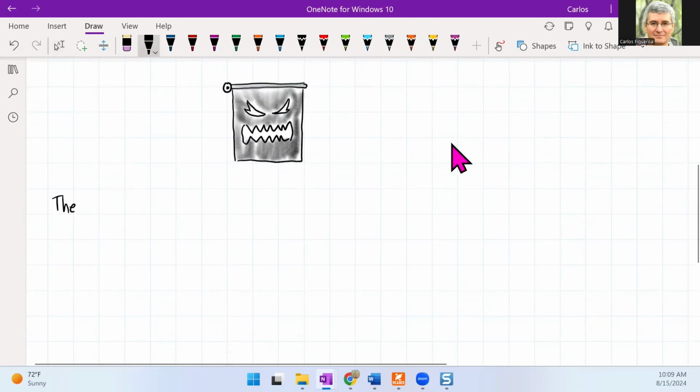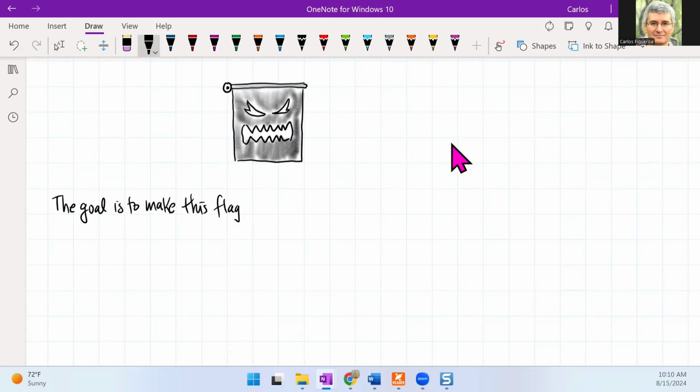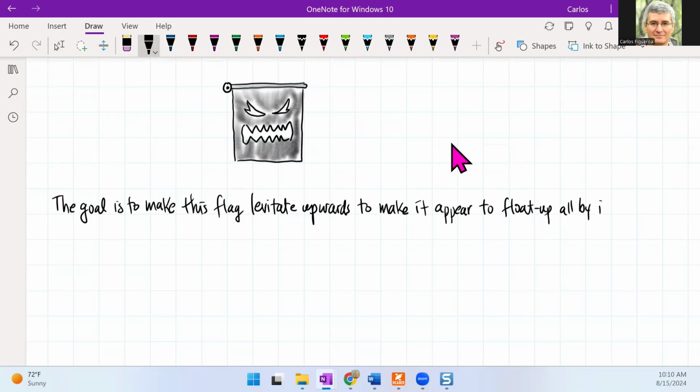So the goal is to make this flag levitate upwards, to make it appear to float up all by itself.